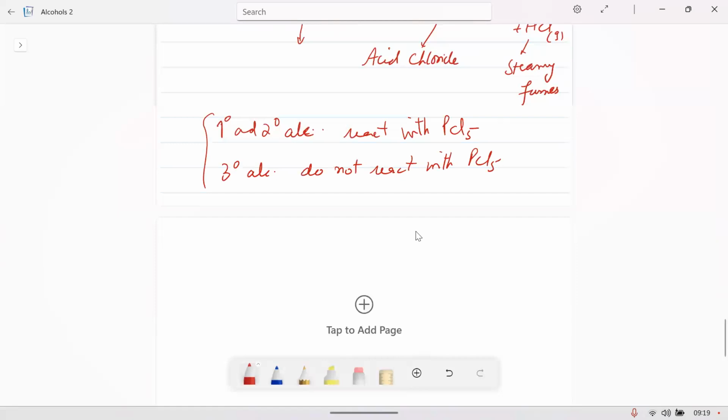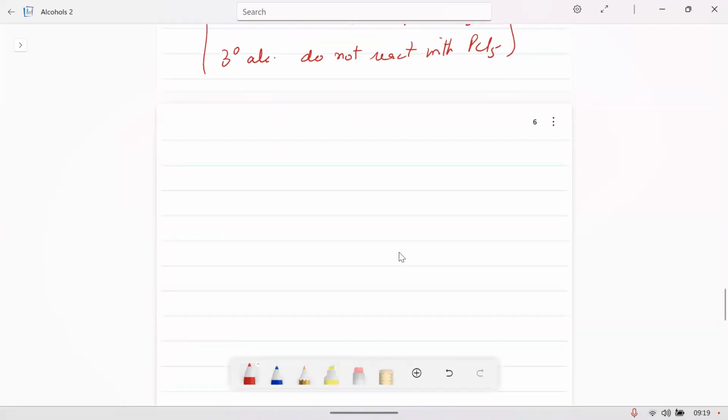So that means if you are talking about the tertiary alcohol, we need a different method to prepare a chloroalkane. If I want to prepare a tertiary haloalkane, let us say this thing, you will take this as a parent chain.